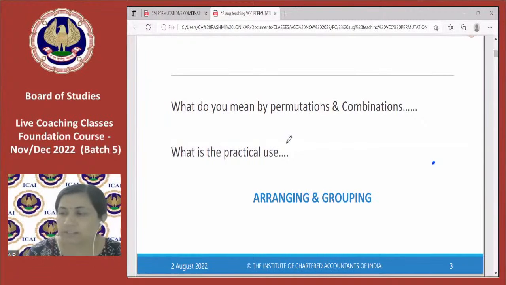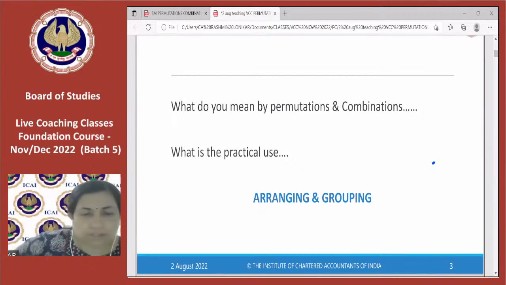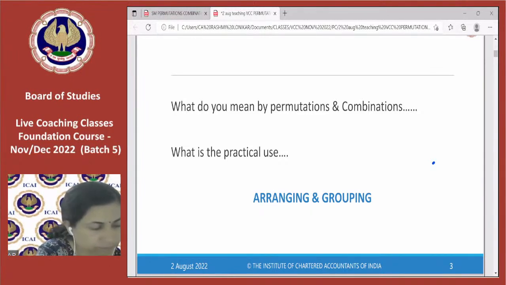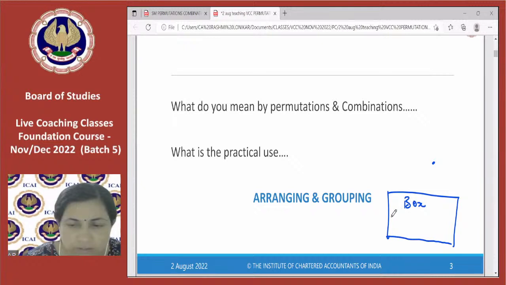Now let us understand what we mean by permutation and combination. Suppose I have a box of goodies, a box with many things, and I want to give this to 5 people.